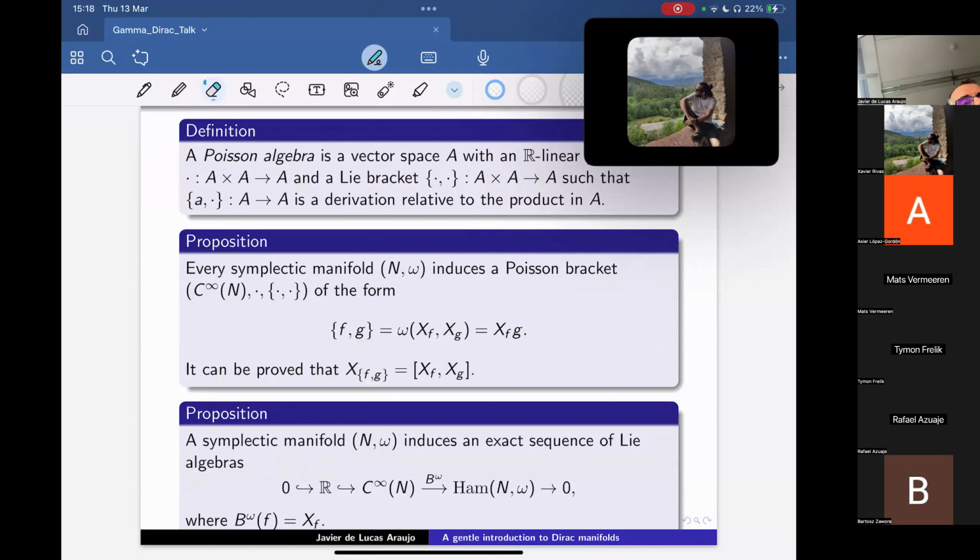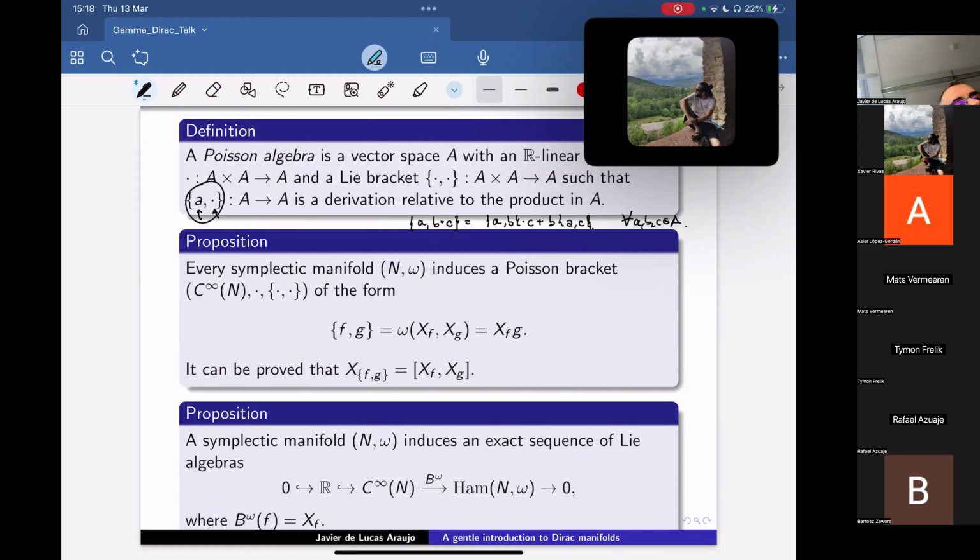And you have also a Lie bracket such that when you fix the first element of A and you leave the second part free, this mapping is a linear mapping that is a derivation with respect to the product. This just means that if you have two elements B and C of A, the Poisson bracket with the product is like this, for everything A, B, C belonging to A.